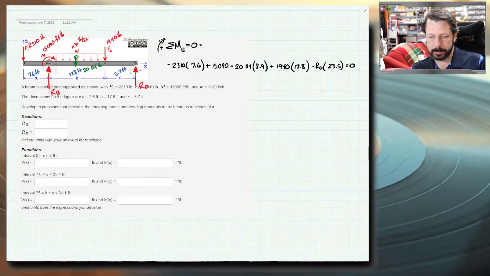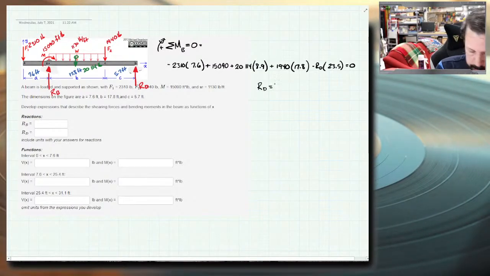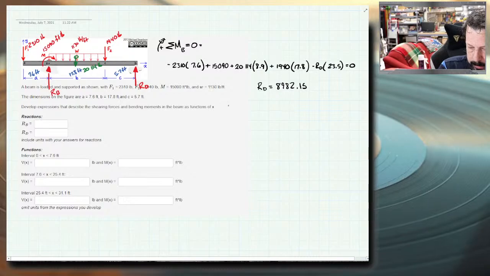Move RD to the other side, it becomes positive. So I just divide by 23.5. RD, the reaction at D, should be 8982.15.